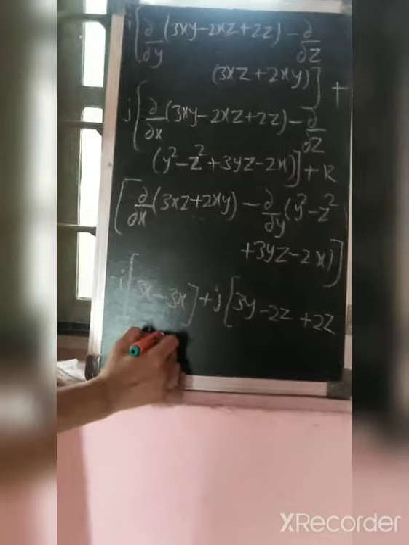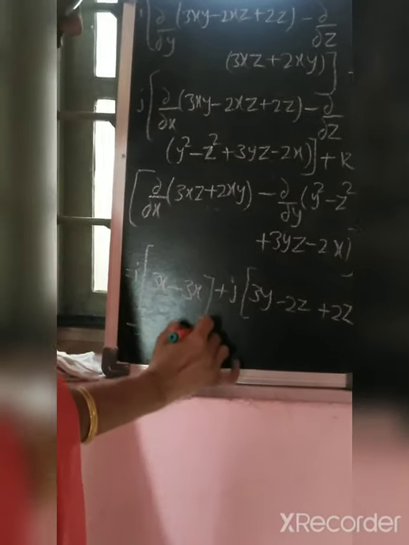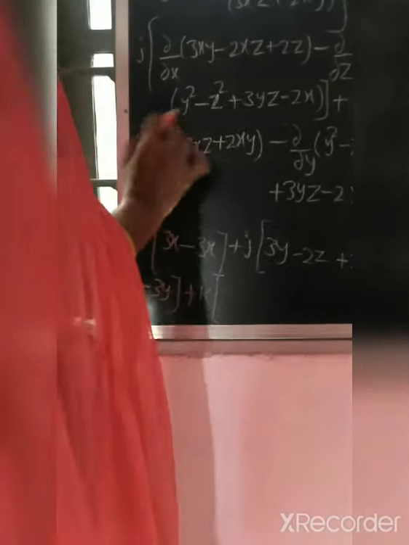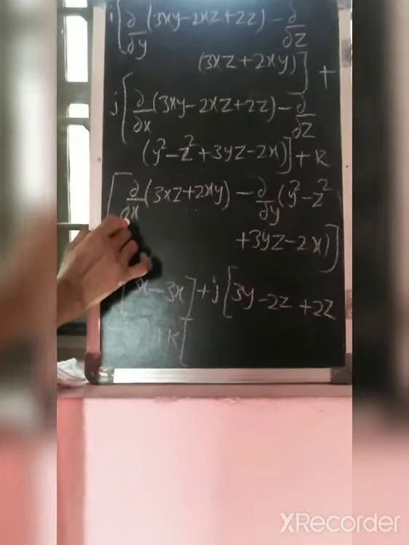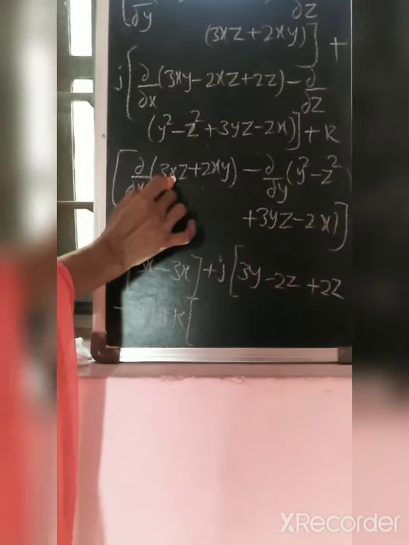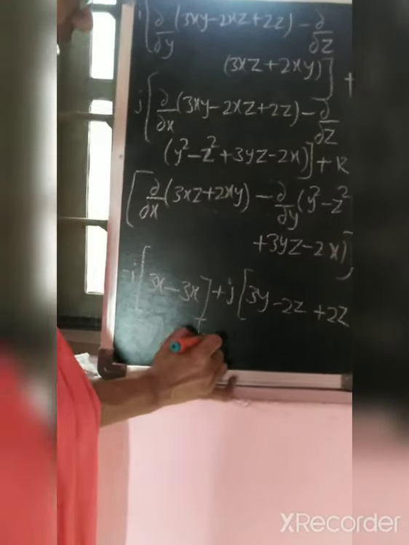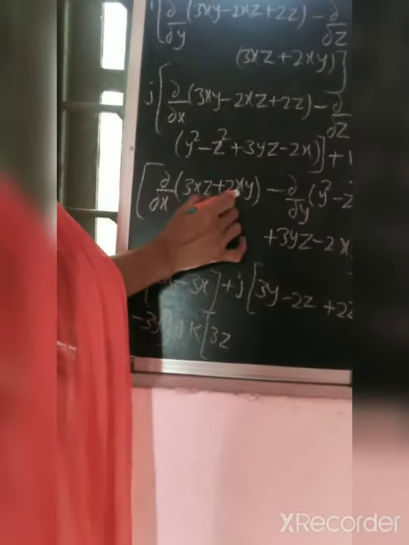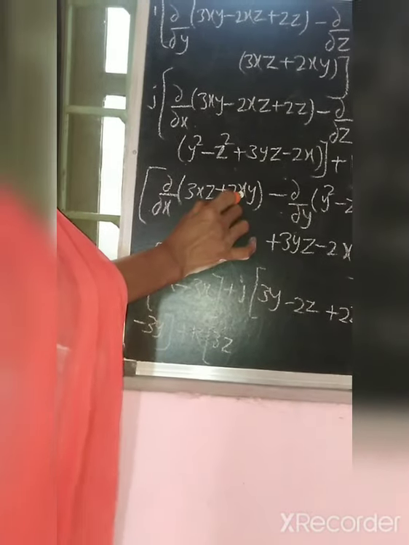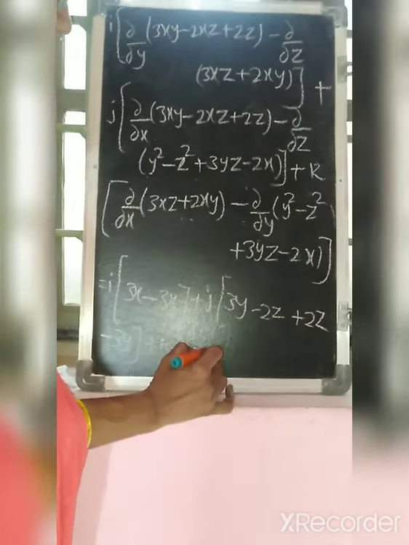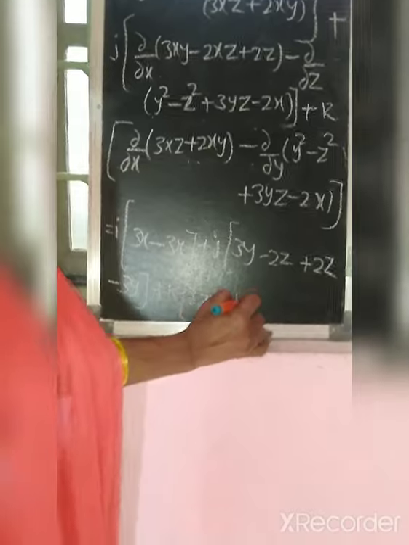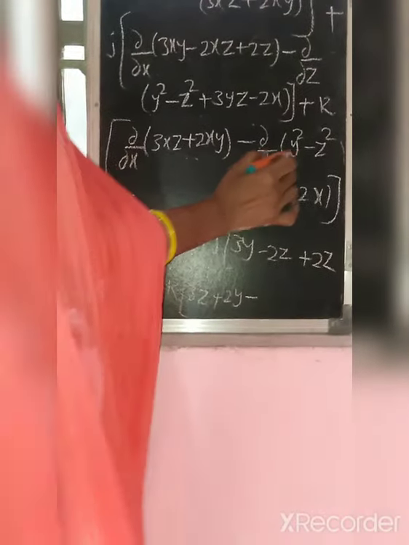So this is closed. Next plus k into dou by dou x of this one. 3xz, here x is 1, that is 3z. Next plus 2xy, here x is 1, so that is 2y. Minus dou by dou y of this one.